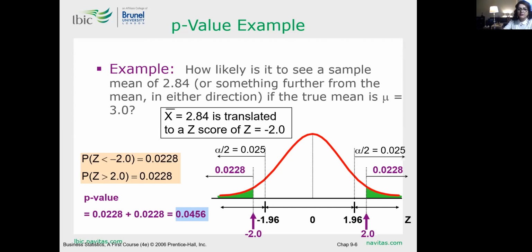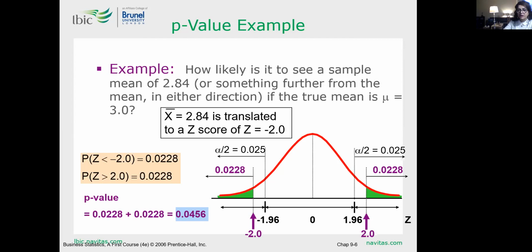When we want to find the p-value, one thing different from the confidence interval that you need to be careful about in hypothesis testing is that when you have a two-tailed test, you need to add the probability of both extreme conditions.